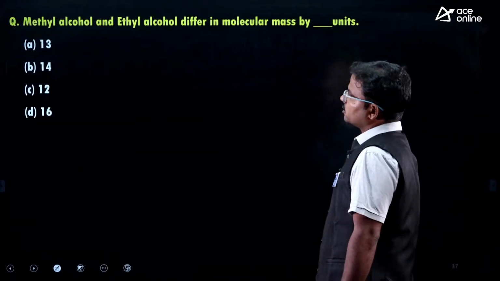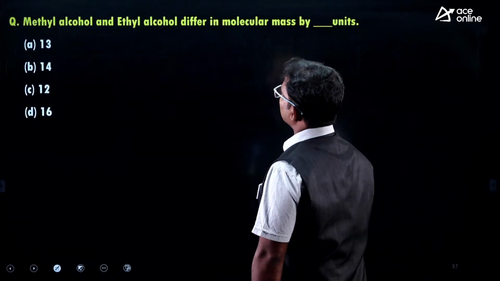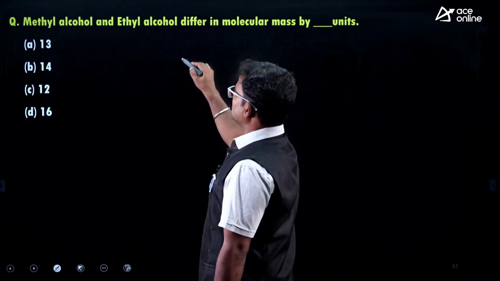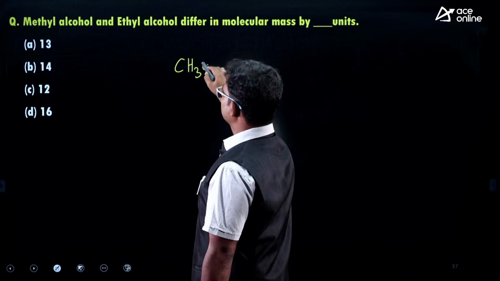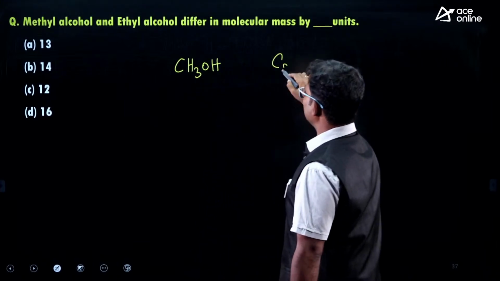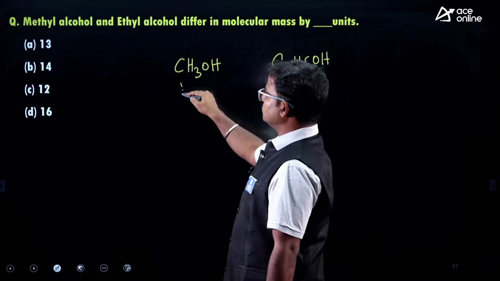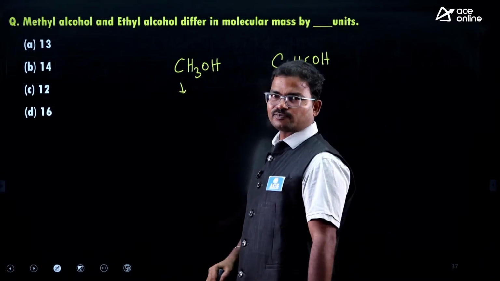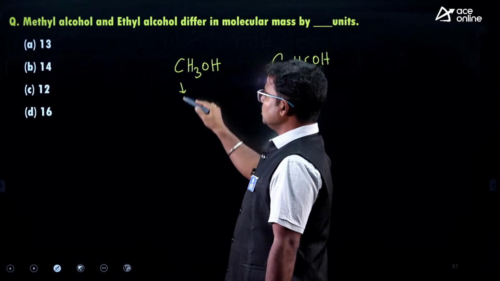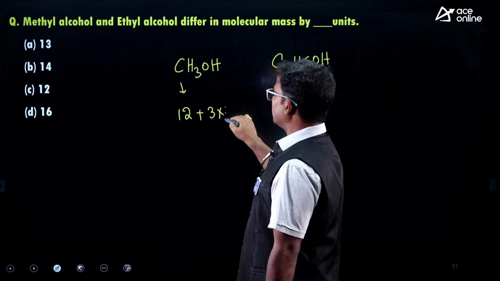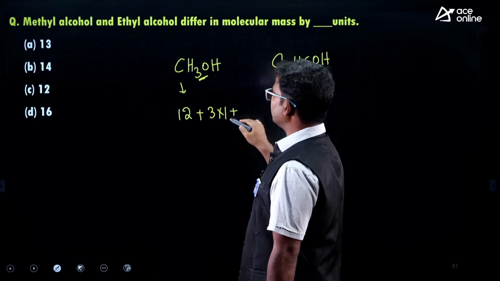Right, next one. Methyl alcohol and ethyl alcohol differ in molecular mass by dash units. Methyl alcohol CH3OH and ethyl alcohol C2H5OH. So what is the molecular mass of methyl alcohol? Here carbon mass would be 12, hydrogen 1, but here we have 3 hydrogens, na.